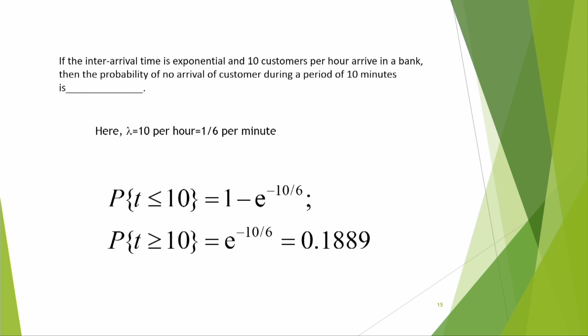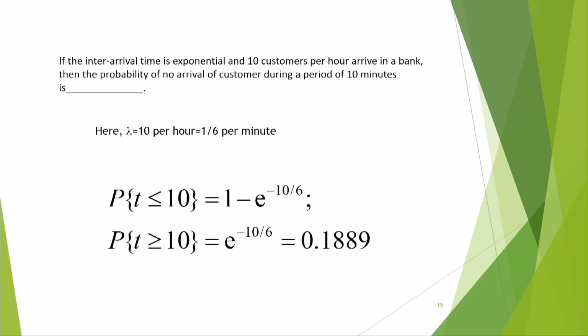If the inter-arrival time is exponential and 10 customers per hour arrive in a bank, then the probability of no arrival of a customer during a period of 10 minutes is, what is that question? So, here lambda is equal to 10 per hour, that means 1 by 6 customers per minute.